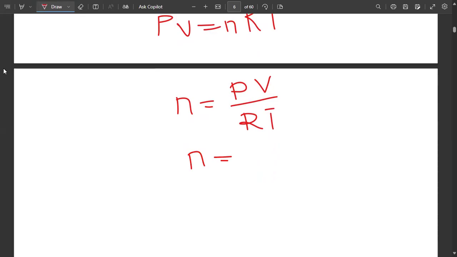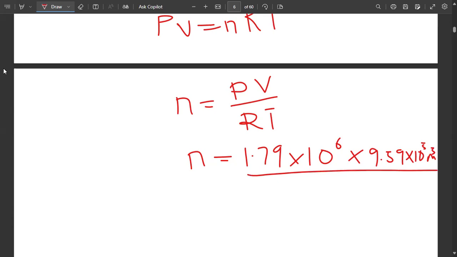The pressure they've already given us is 1.79 times 10 to the power 6 pascals multiplied by the volume, and the volume they've given us is 9.59 times 10 to the power 5 cubic meters.